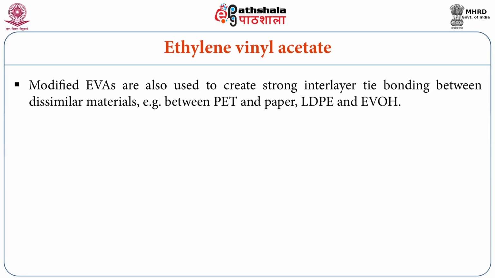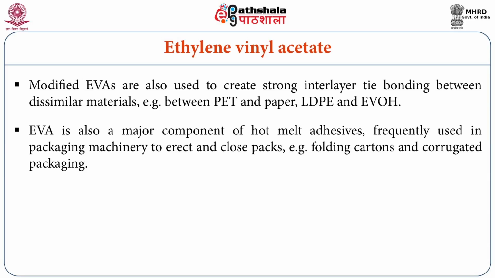Modified EVAs are also used to create strong interlayer tie bonding between dissimilar materials, e.g. between PET and paper, LDPE and ethyl vinyl alcohol, etc. EVA is also a major component of hot melt adhesives frequently used in packaging machinery to erect and close packs such as folding cartons and corrugated packaging.